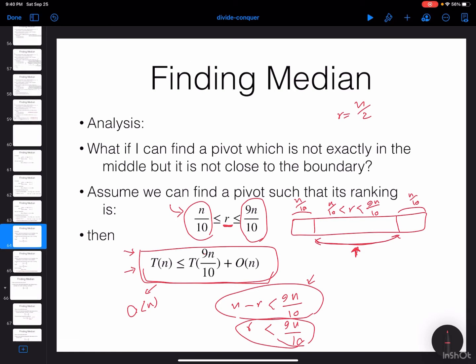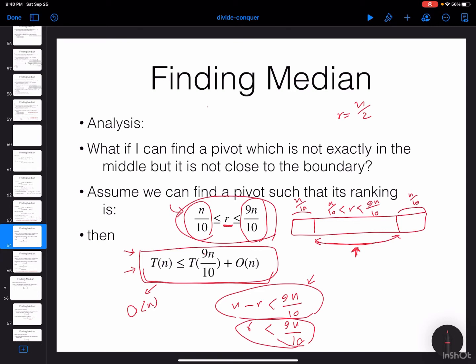Okay, now our problem is to find such a pivot value that I can prove it. This is going to be between, for example, n-tenth and 9n-tenth or something similar. It doesn't actually need to be exactly this.